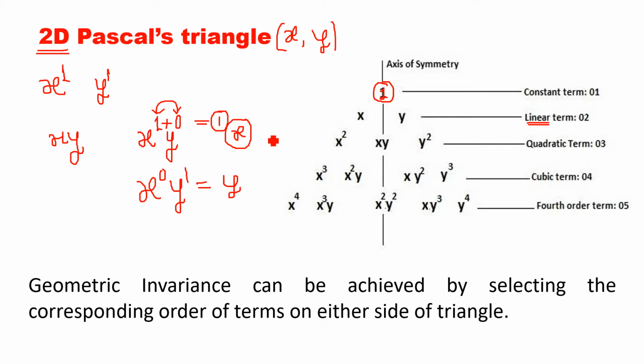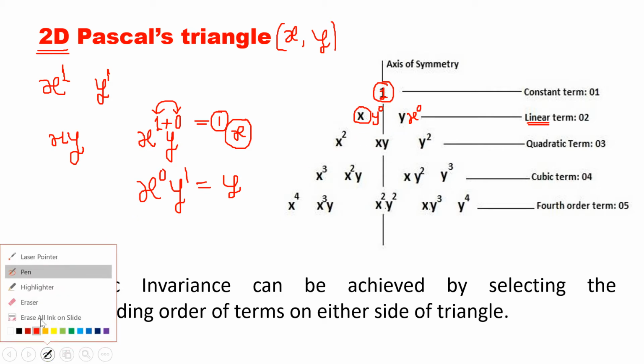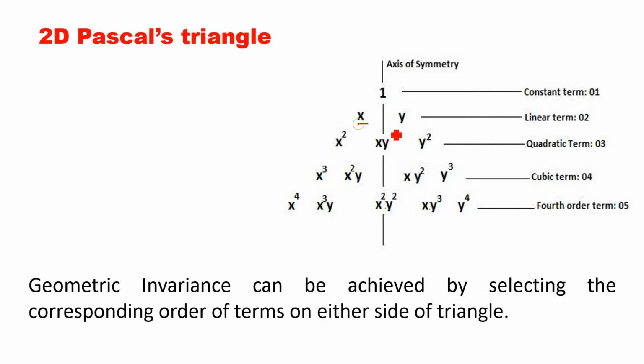So that's why the first answer x is written here. It means here y is equal to 0, and here the second variable is y, it means x is raised to 0. So no need to write down that raised to 0 term, and that's why only x and y is written. Okay, so that's why the second row represents x and y.